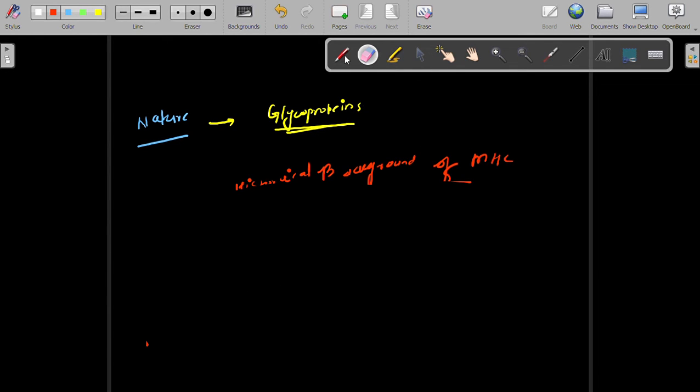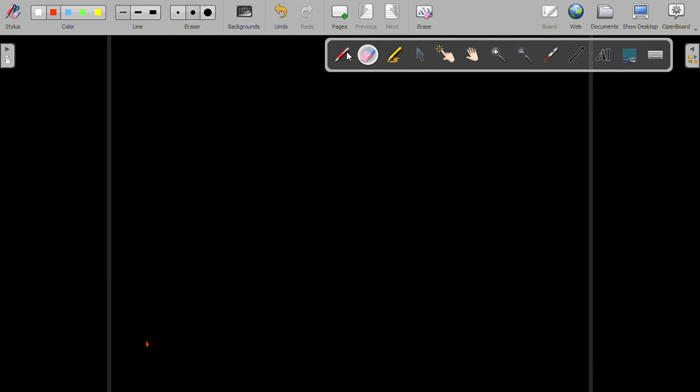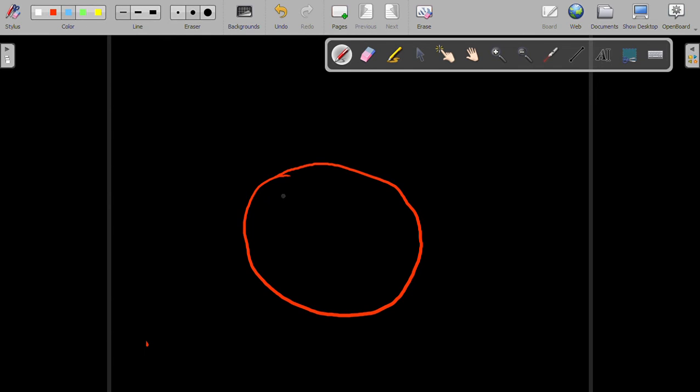So let us see one simplified diagram in order to understand this concept. Suppose this is a nucleated cell. And here, as I have already told, this contains class 1 MHC.